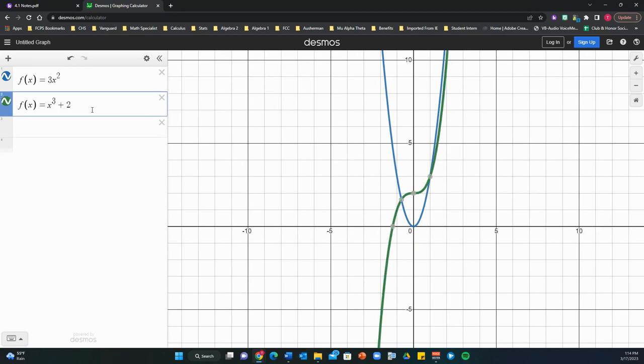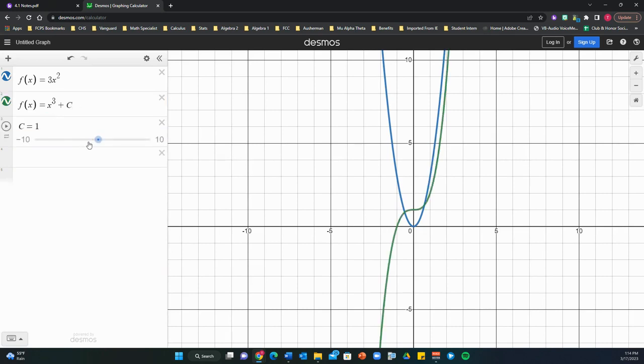So what we see is it doesn't really matter what that function's constant value is. As I change that c value, all it does is shift up and down, and that's not anything new. You guys have seen that before in the past with function transformations. What's new now, though, is the idea that because it's just a vertical shift up and down, it has no impact on the rate of change of the function, or the slope.